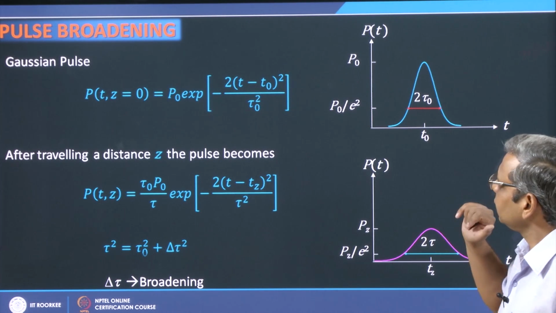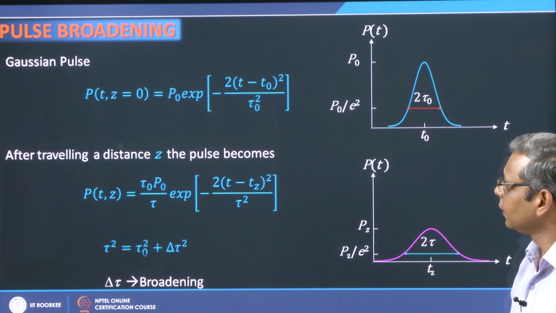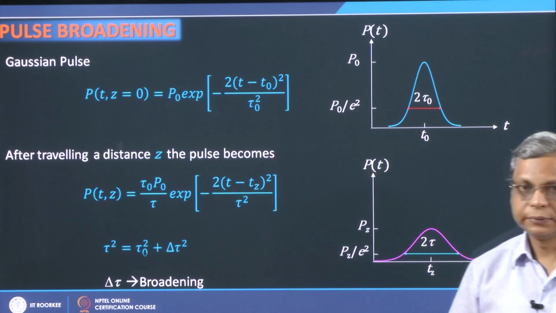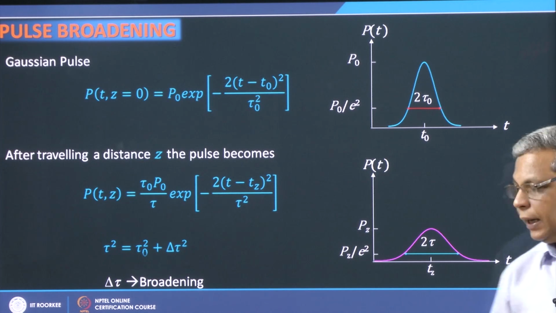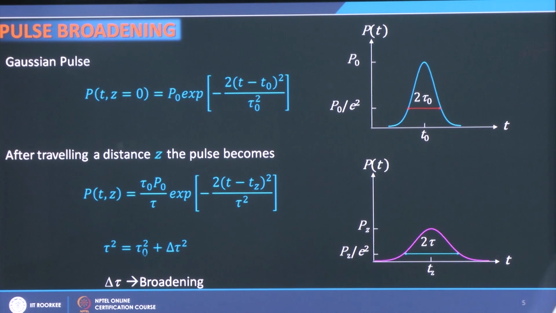You may notice here that in case of Gaussian pulse, after travelling the Gaussian pulse remains Gaussian. However, its amplitude and width changes, but the function remains the same.